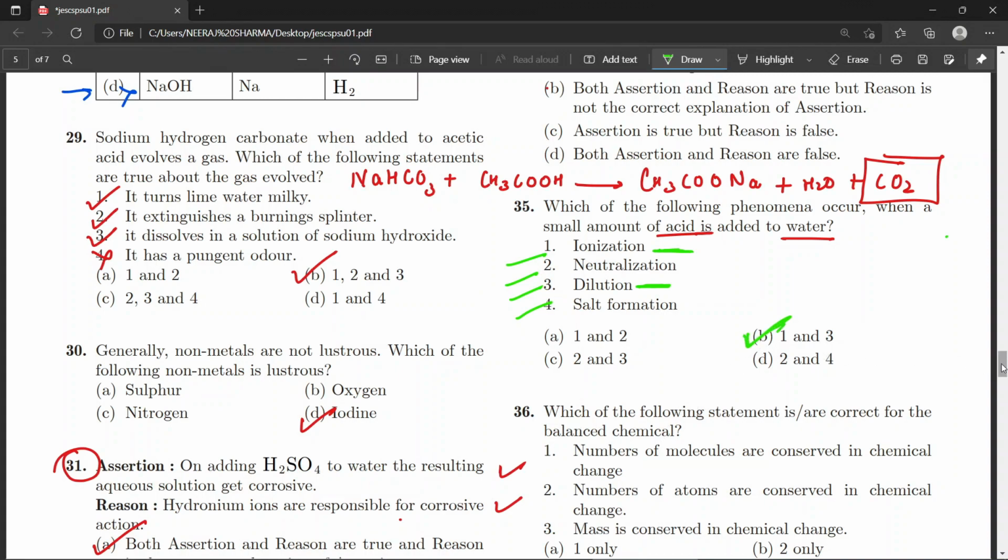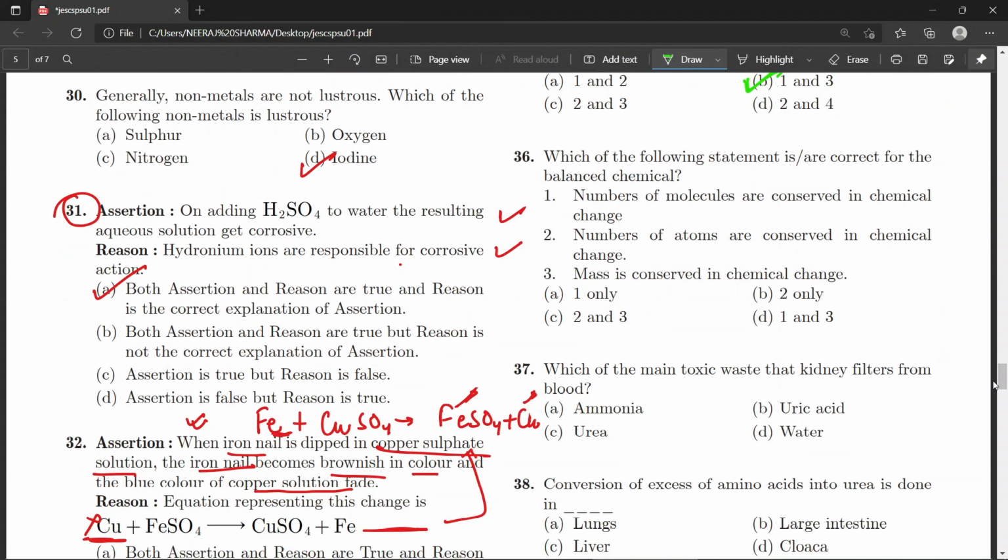Coming to question number 36. Which of the following statements is or are correct for the balanced chemical equation? Alright, balanced chemical equation. First, number of molecules are conserved in the chemical change. Second, number of atoms are conserved in the chemical change. Third, mass is conserved in the chemical change.